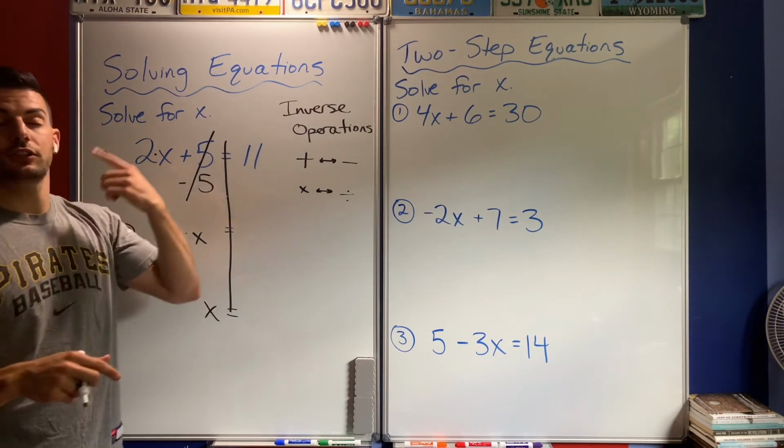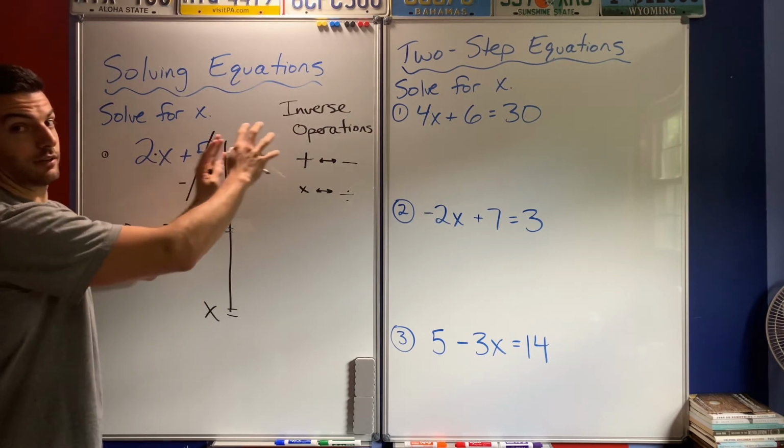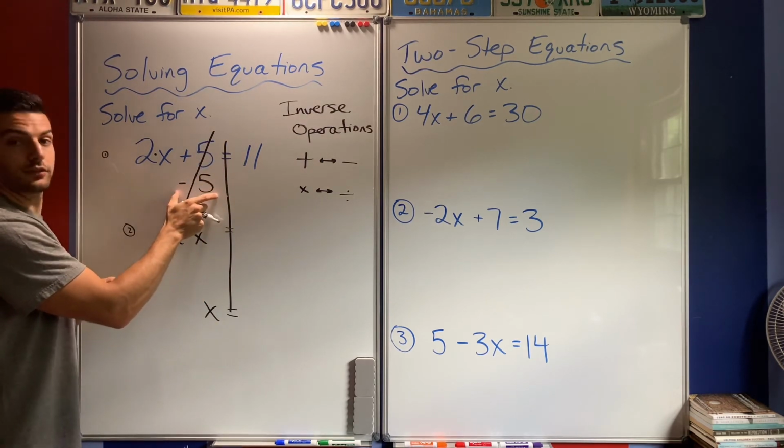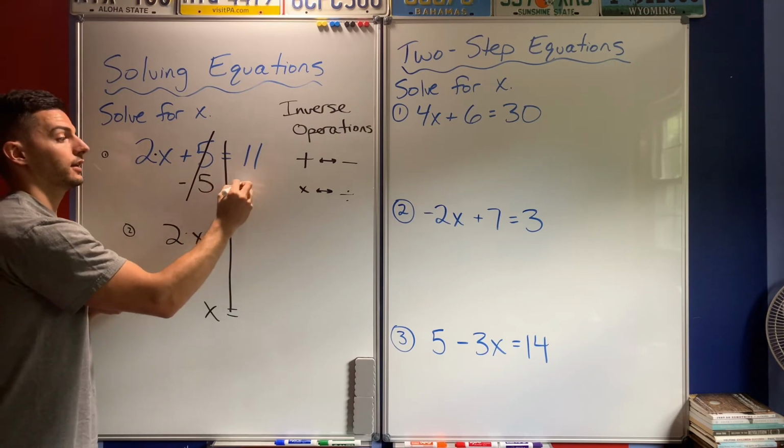But again, at every step of each problem, you have to think: what I did over here, I also have to do to the other side. That's why it's helpful to draw that line. So if I did minus 5 here, I have to do the same exact thing over here, minus 5.